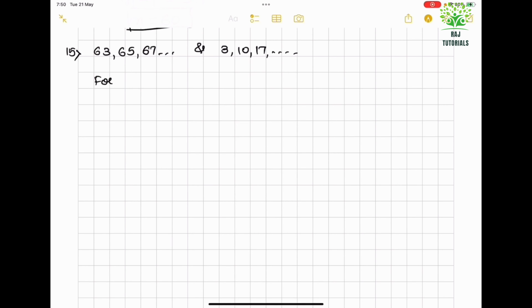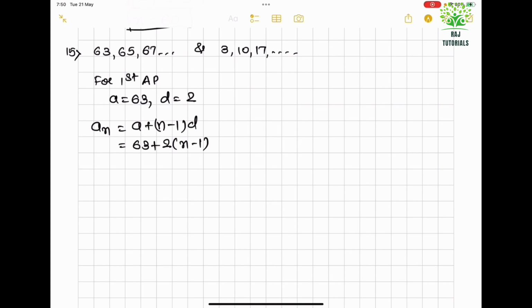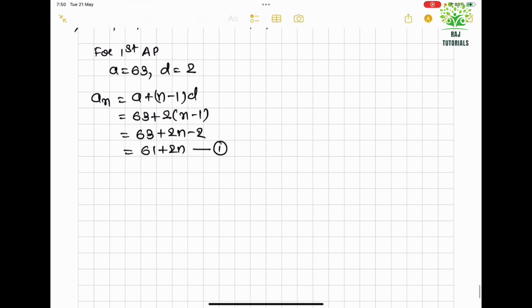So for the first AP, A is 63, D is 2. So AN will be A plus n minus 1 D, so 63 plus 2 into n minus 1. So I can say 63 plus 2n minus 2. So 61 plus 2n, that is first.